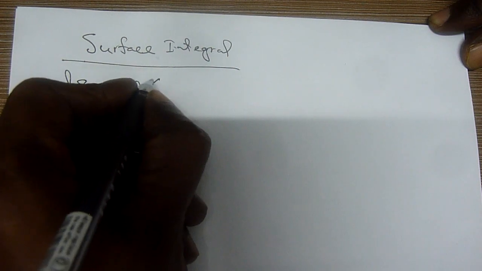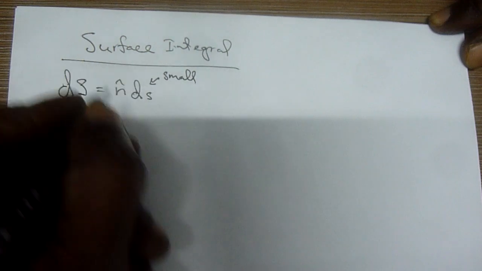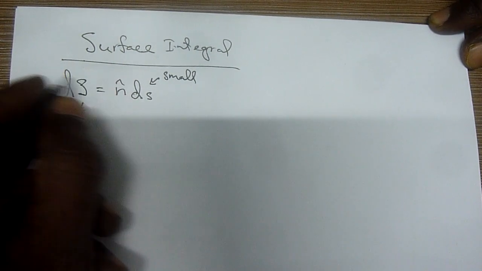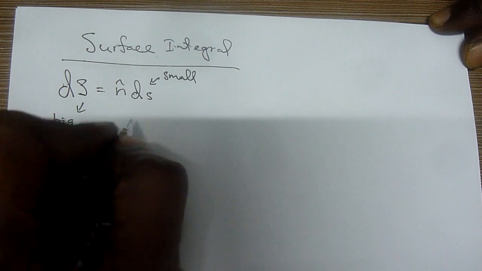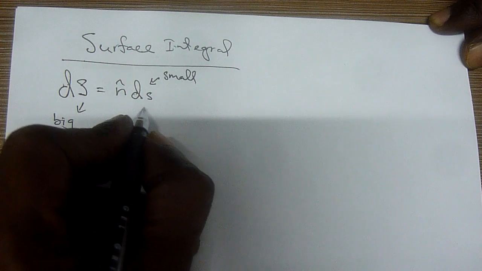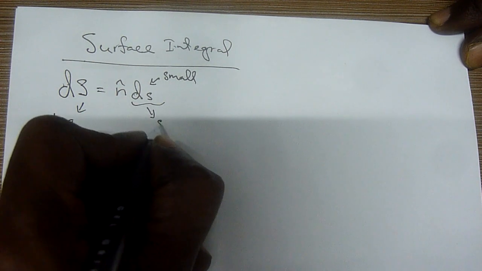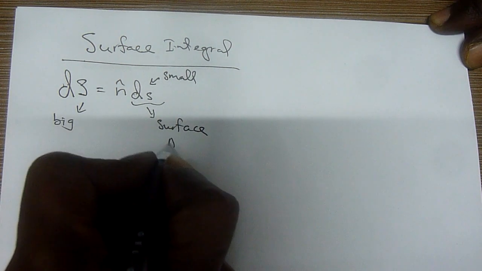There is another S, which we call the small s. My S always looks the same, but I try to make the dS big and the ds here small, and this is what we call the surface area. Please follow the definition carefully.